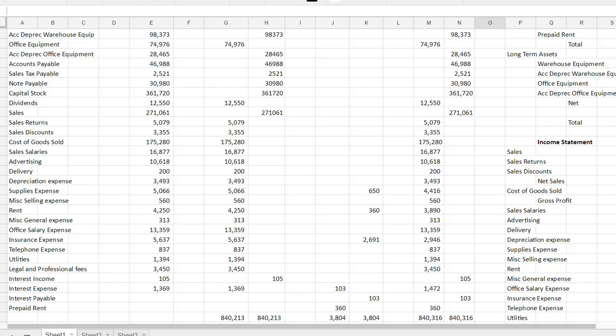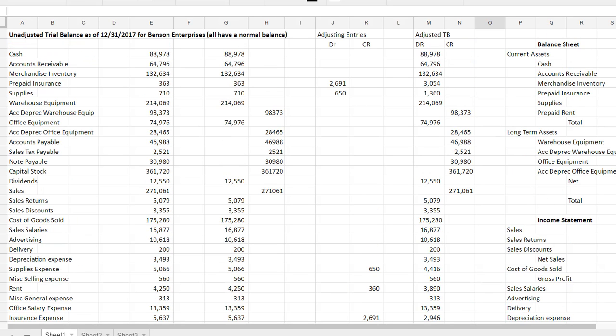Now, one of the things that is a little difficult in real life with adjusting entries is recognizing when you need to make them. Here in classroom, we generally are told, don't make certain adjusting entries. But in real life, nobody comes to tell you that. You have to look at your trial balance and decide which accounts most likely are going to need to be adjusted.